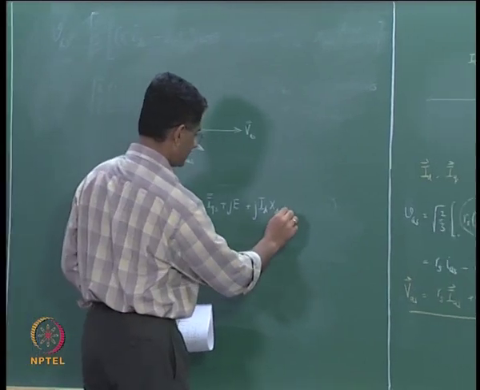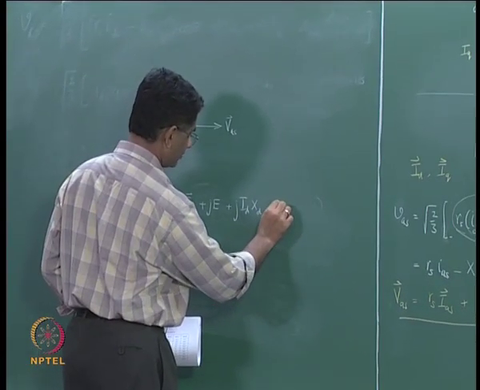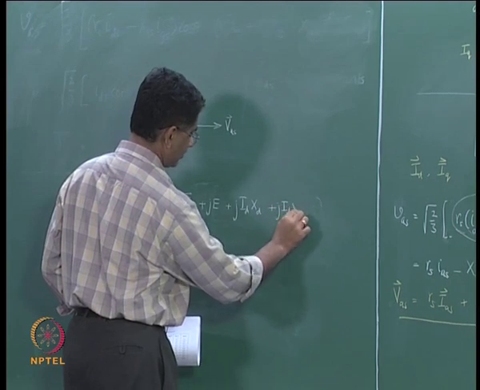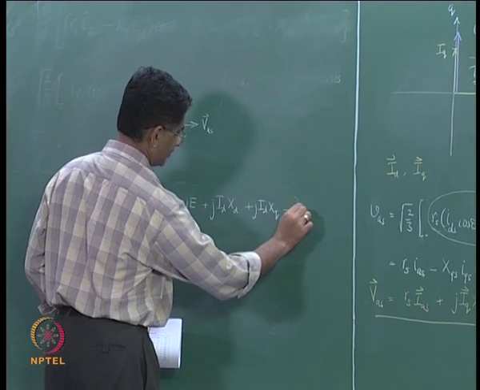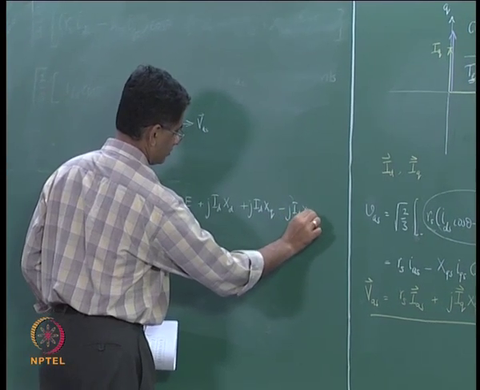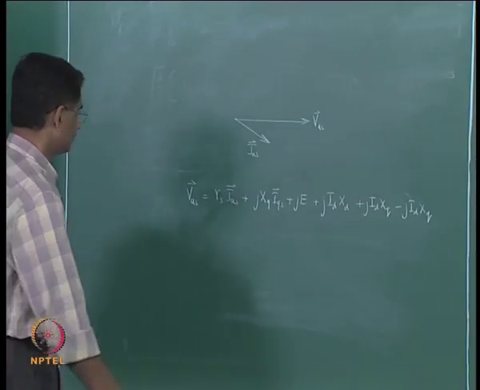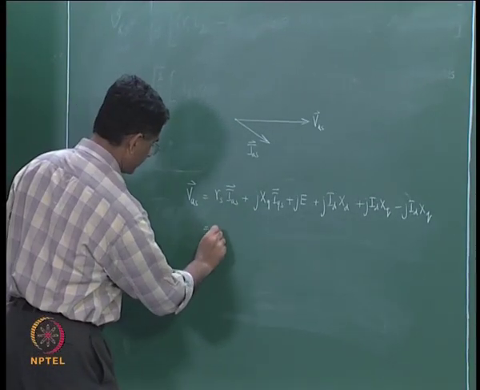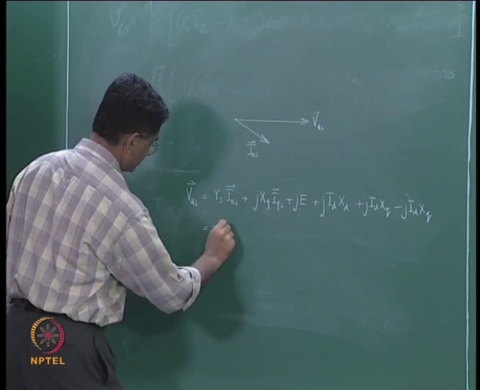What we do is add a term J times ID into XQ and subtract the term J times ID into XQ. So, the net equation does not change and we can simplify this as RS multiplied by IAS.